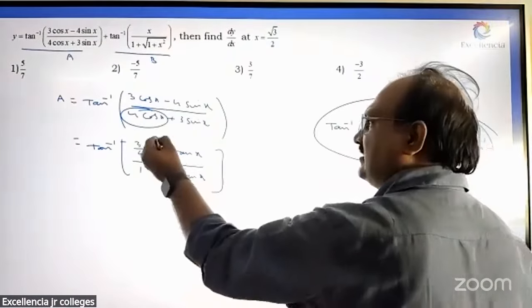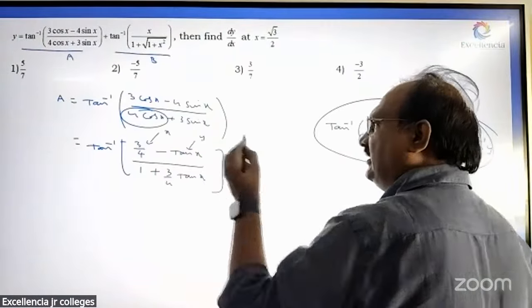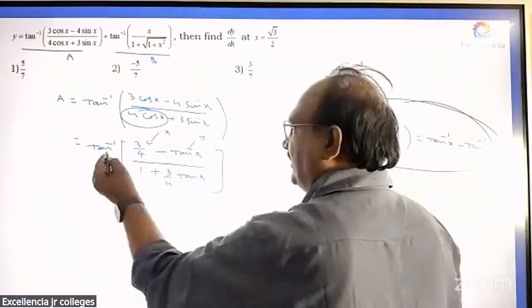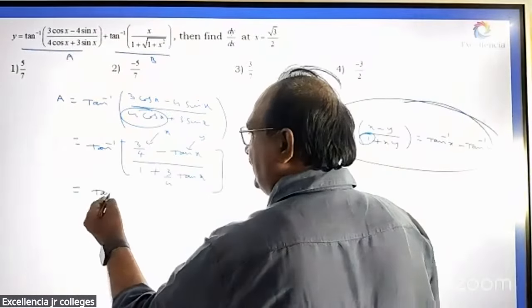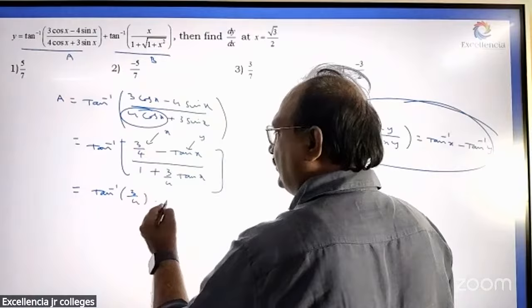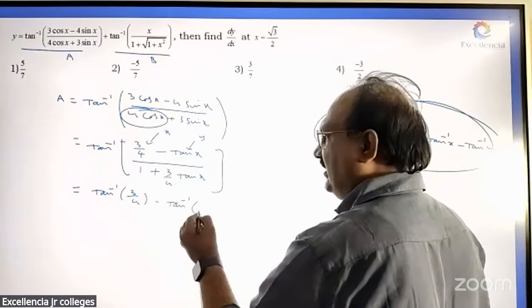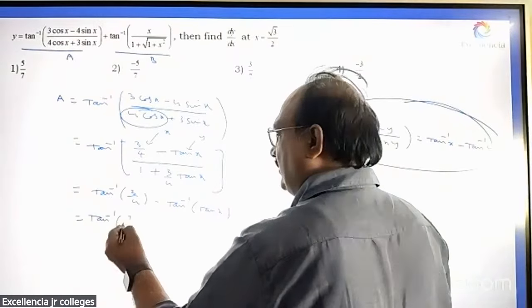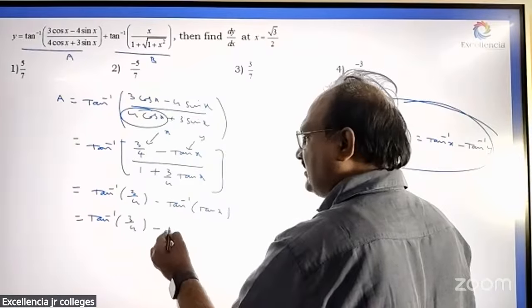Now take this as x and this as y. Tan inverse of (x minus y) by (1 plus xy) is tan inverse x minus tan inverse y, that is tan inverse of 3 by 4 minus tan inverse of tan x, which is nothing but x.